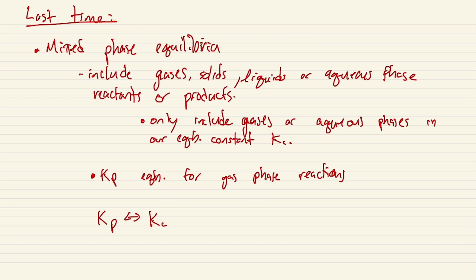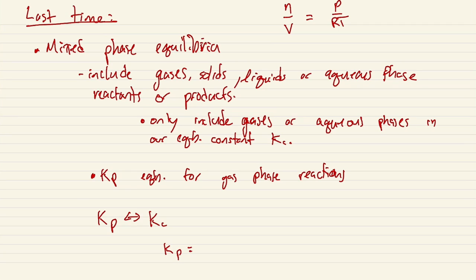Does anyone remember what factors we had to consider for this relationship? We can write our equilibrium constant in terms of partial pressures of each of the gaseous species. Because concentration is the number of moles over the volume, and for a gas, we can have the pressure divided by RT. So we can replace our concentrations with the pressures, and they're related to the concentration by a factor of 1 over the temperature.